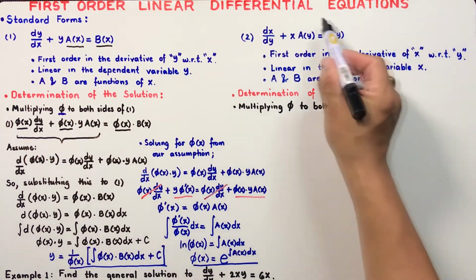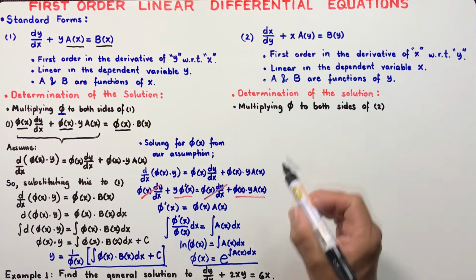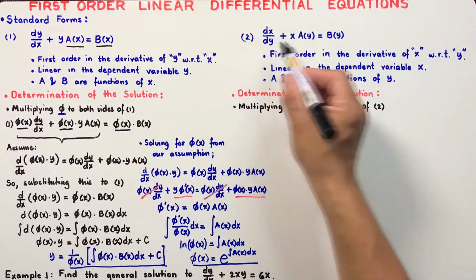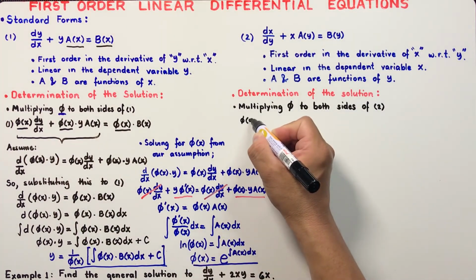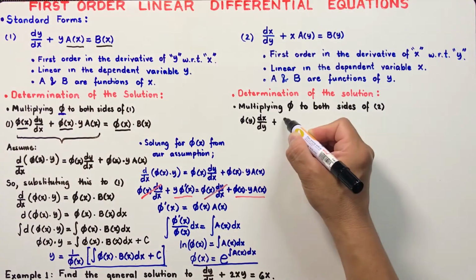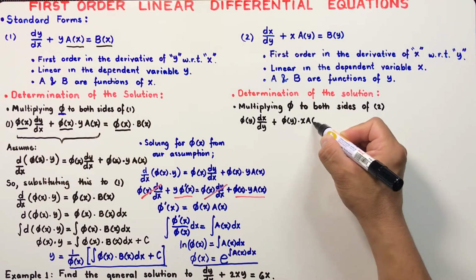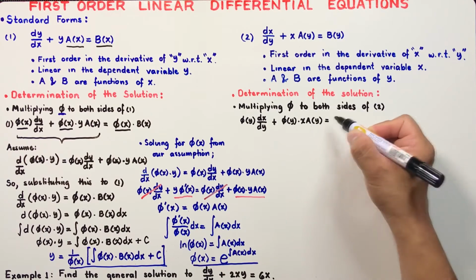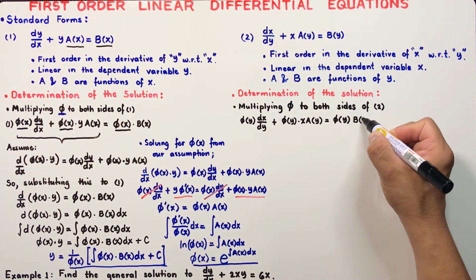And also, to solve for the solution of this standard form number 2, which is linear in the dependent variable x, we need to multiply this integrating factor phi to both sides of the equation. So we have this phi of y times dx/dy here plus phi of y times x times a of y, which is equal to phi of y times b of y.